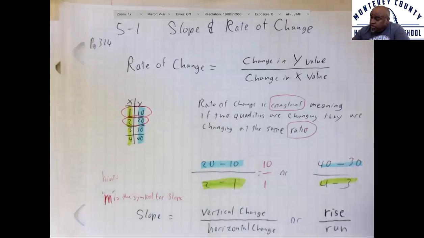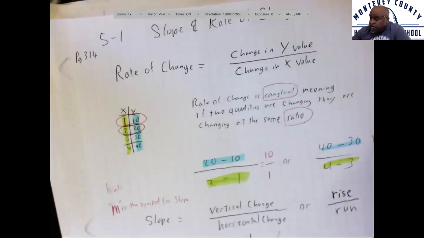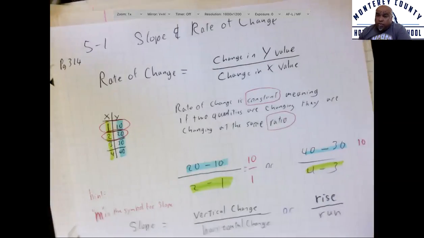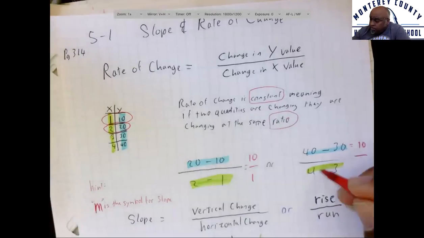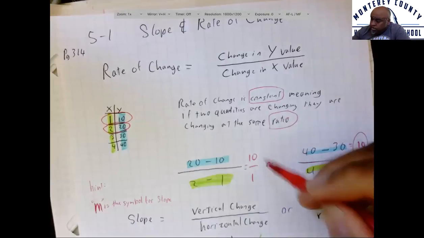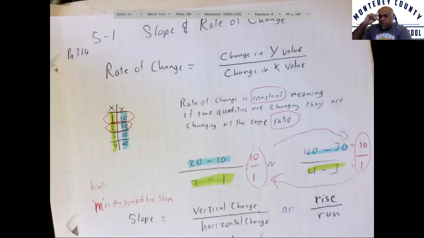So 40 minus 30 is 10. I think I'm off the screen here. Sorry about that. Let me just scoot my paper over. So 40 minus 30 equals 10. 4 minus 3 equals 1. So if you look, the rate of change is the same, even though I subtracted different numbers.